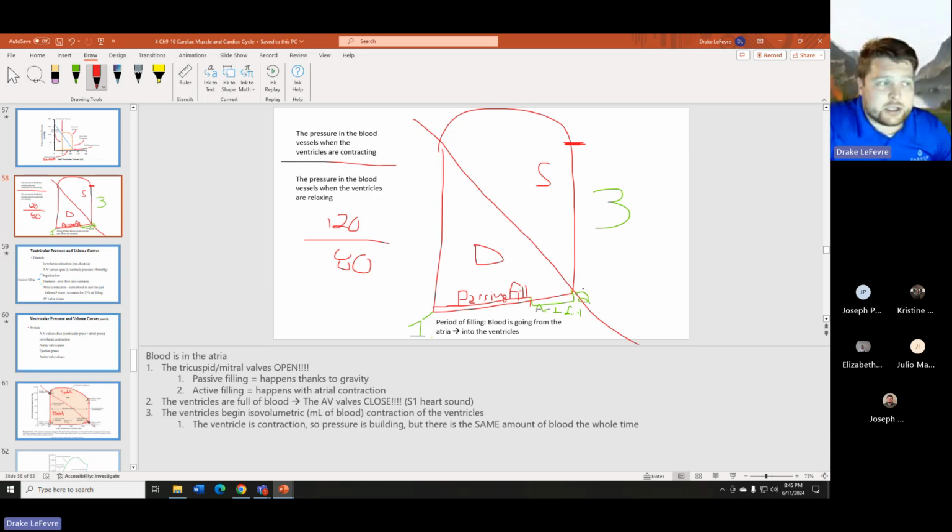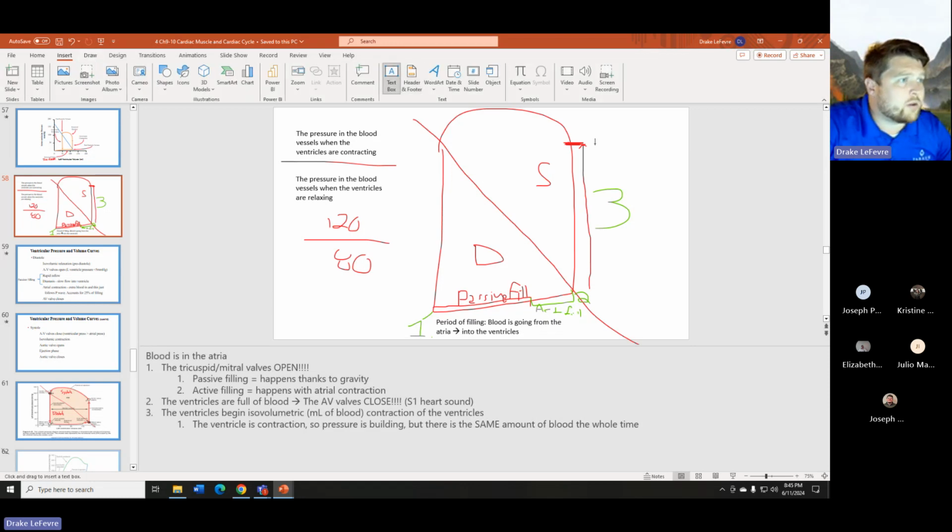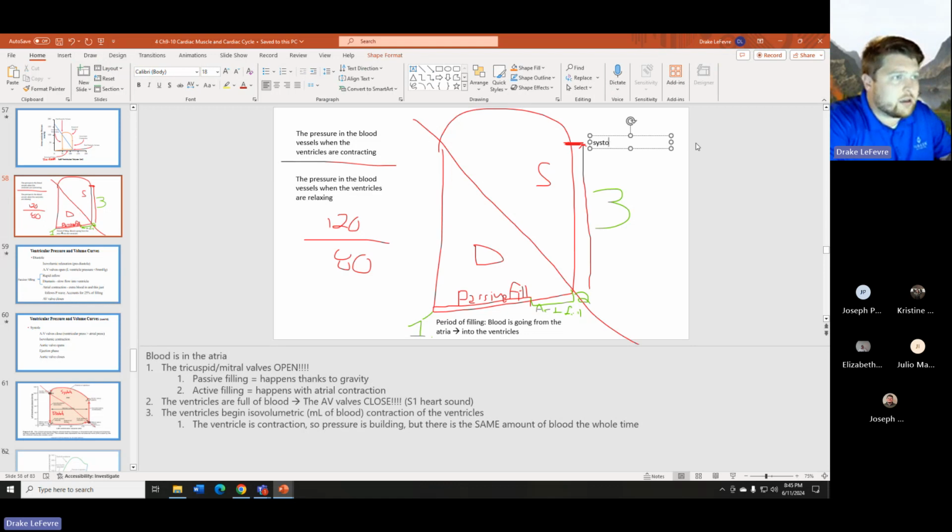So that's our isovolumetric contraction. Our ventricle squeezes, and the pressure builds, pressure builds, pressure builds until it hits literally right here. This point right here is our systolic blood pressure.